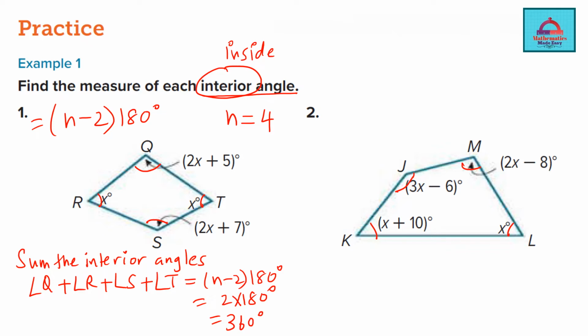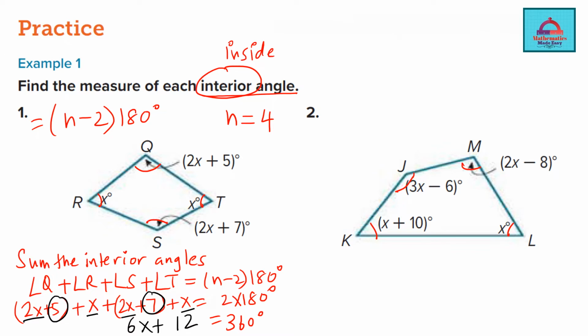Okay, so let's put in the values. Angle Q is 2x plus 5, angle R is x, angle S is 2x plus 7, and angle T is also x. Now to solve this, as you have seen in the last video, we take the like terms together. So the x terms: 2 plus 2 is 4, 5, 6, so 6x, plus just the numbers, 5 plus 7, that's 12, is equal to 360 degrees.